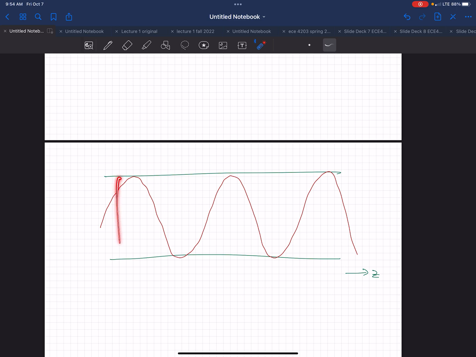So at different points, I just see different phases. In the case of a lossy transmission line, not only do I see the phases change, but I'm going to start getting a loss.